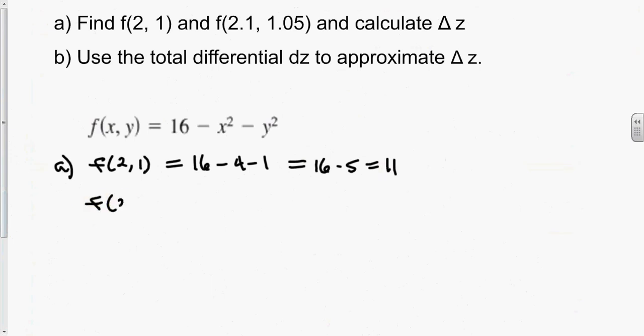What about f of 2.1 comma 1.05? This is 16 minus 2.1 squared minus 1.05 squared. And when you calculate that on a calculator, I get 10.4875.